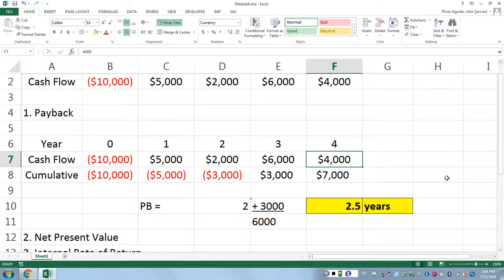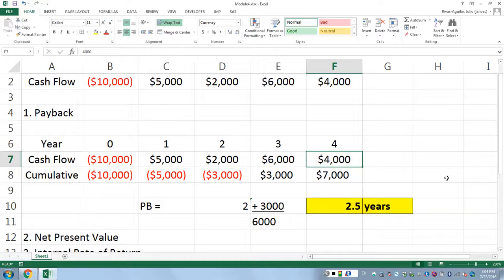For some people, some industries, that might be a long time. For others, it might be a very short time. There is no rule of thumb. If you are in a high inflation environment, you will want to have your money as soon as possible.